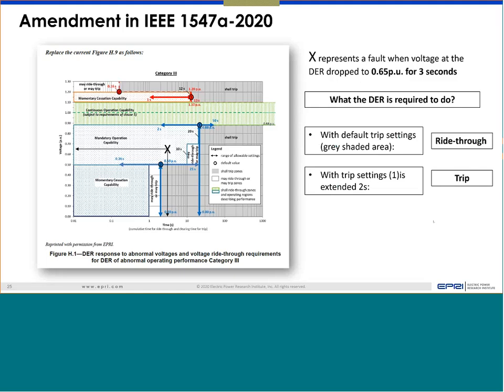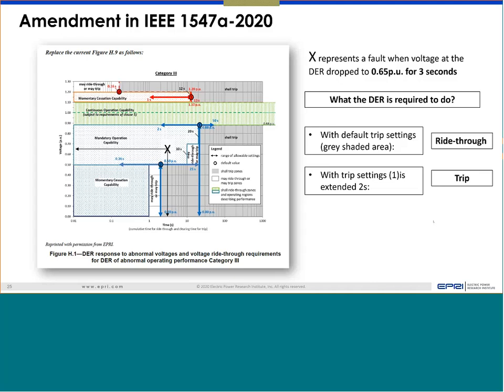And the expectation is that that will convince more people to take category 3 right now, extend the trip settings so it will not ride through the longest duration. But 2 years, 5 years later, if you need more ride-through, you can just change the trip settings and have more and more ride-through allowed by the category 3.